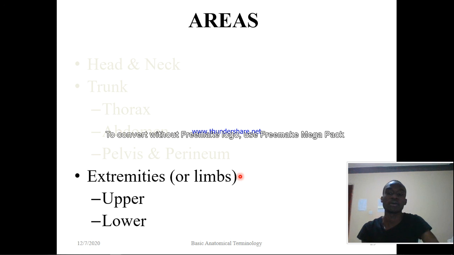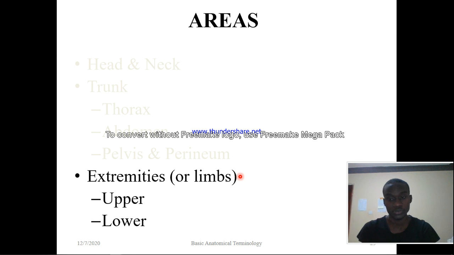Then the other areas of the body are the extremities, the upper extremities, which are the arms. We also refer to them as upper limbs, and then the lower limbs or lower extremities, which are the legs. So those are the three major parts of the human body: head and neck region, trunk region, and extremities.